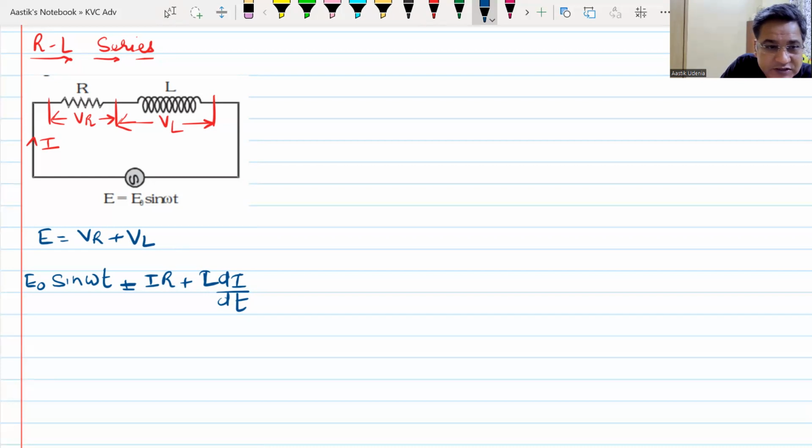How can it be solved rather than using your differential equation? Any idea?